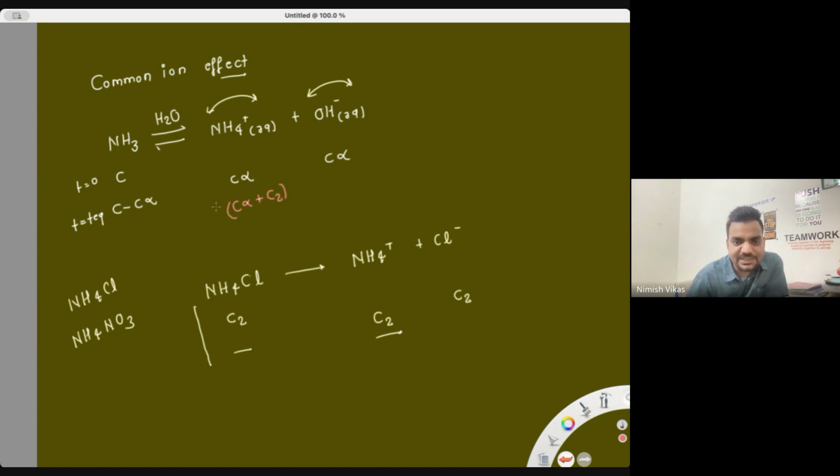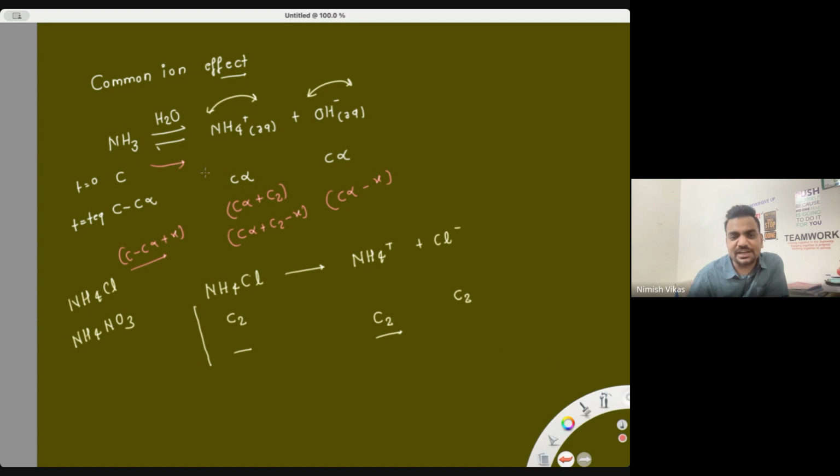So you can apply Le Chatelier's principle here. When you add product in the equilibrium mixture, reaction goes backward. So C alpha plus C2 minus X, C alpha minus X, and this will become C minus C alpha plus X. So you can see that ammonia, which had hardly dissociated earlier, gets further suppressed.